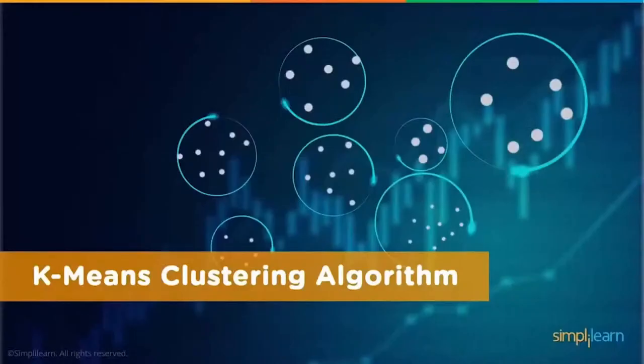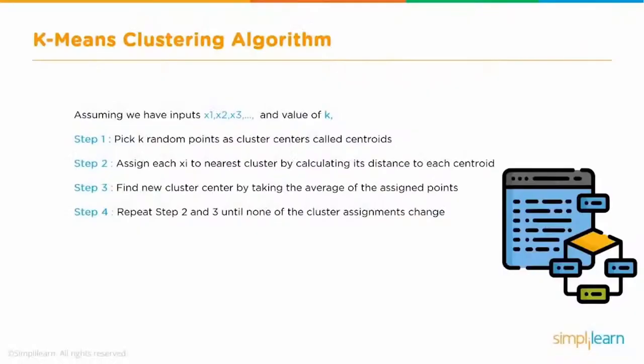So let's take a look at the k-means clustering algorithm. Let's say we have x1, x2, x3, up to n number of points as our inputs, and we want to split this into k clusters. The first step is to randomly pick k points and call them centroids. They are not real centroids, because a centroid is supposed to be a center point, but they are just called centroids.